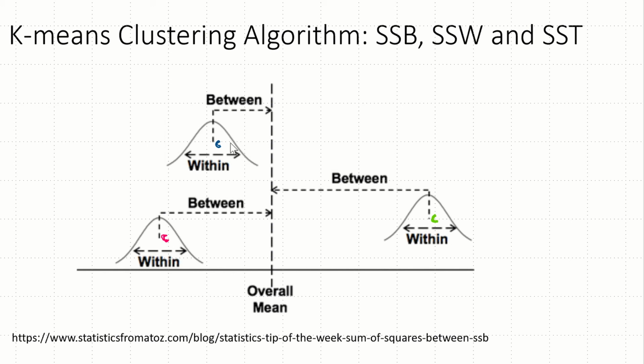If that is the case, the total sum of the distance for all such clusters from its center to all the points within that cluster should be as small as possible. In other words, the value of SSW should be minimal.